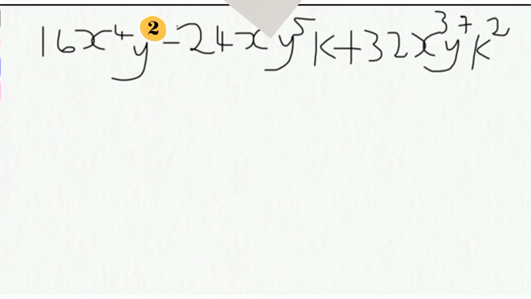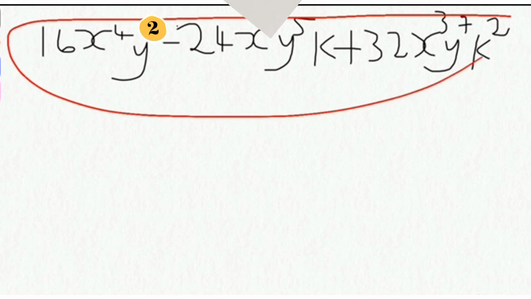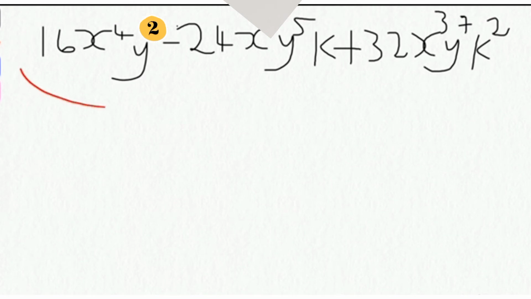Okay, now that we know how to find the highest common factors of numbers which are coefficients, and we know how to find the highest common factors of variables, let's find the highest common factor of this whole expression.